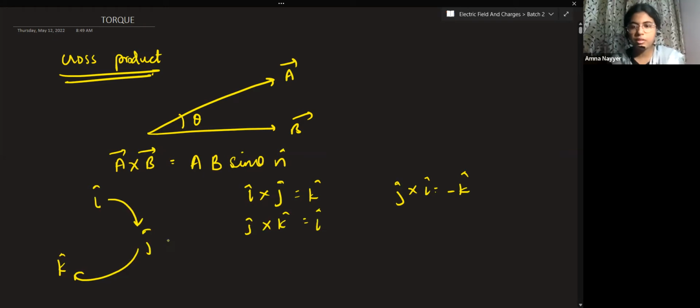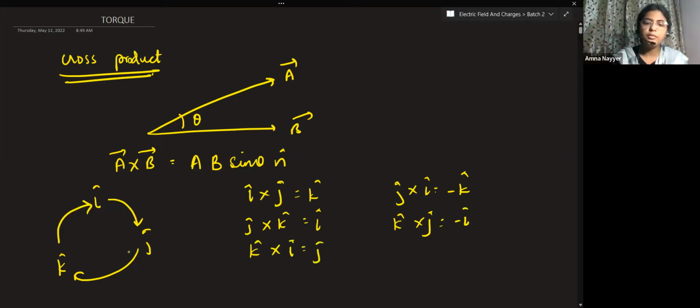And the reverse, k cap cross j cap, will give you minus i cap. Last one, k cap cross i cap: what is left? j cap. And the reverse, i cap cross k cap, will give you minus j cap. That's how we solve. This is the basic of cross products that you have already done.